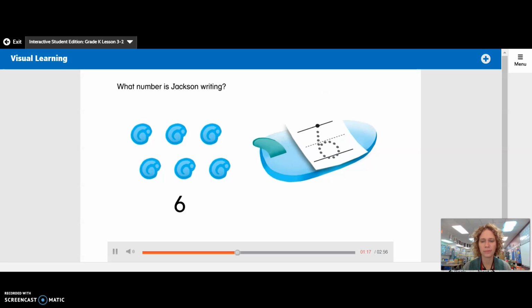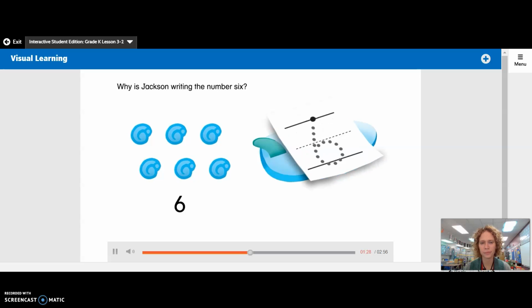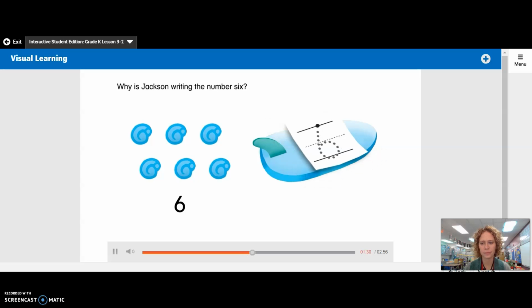What number is Jackson writing? He is writing the number 6. Why is Jackson writing the number 6? He is writing it to show the number of shells.